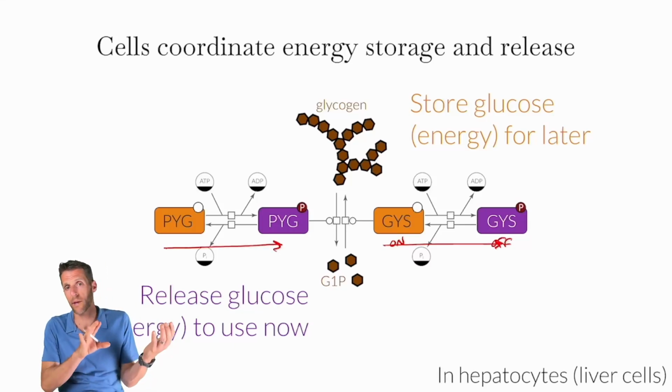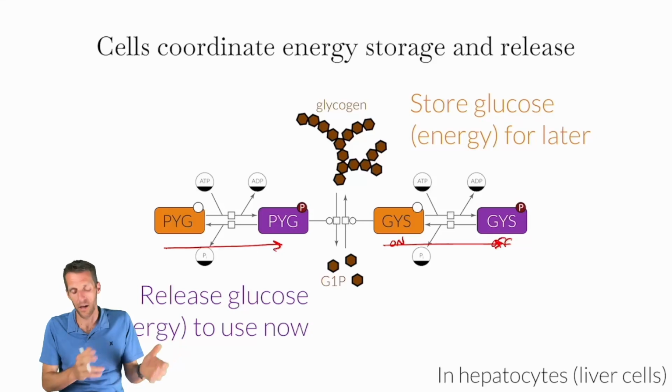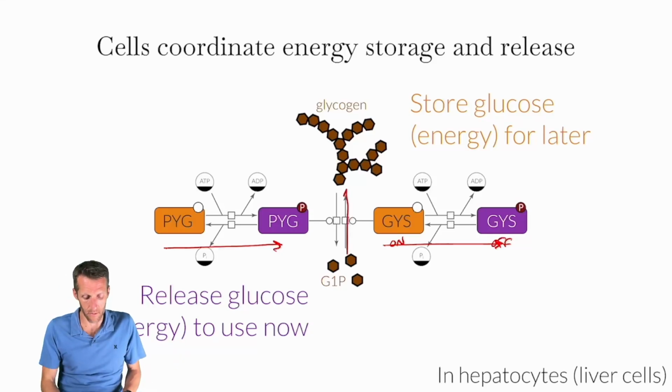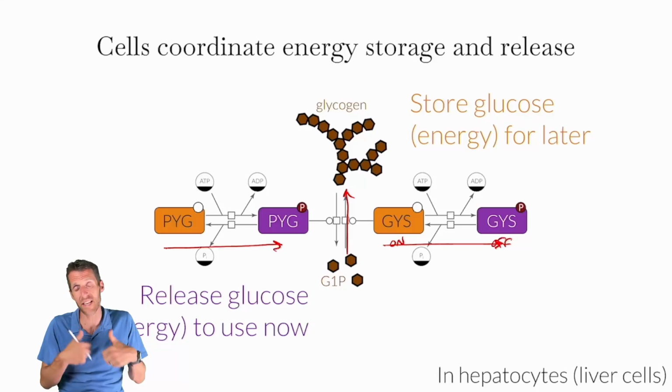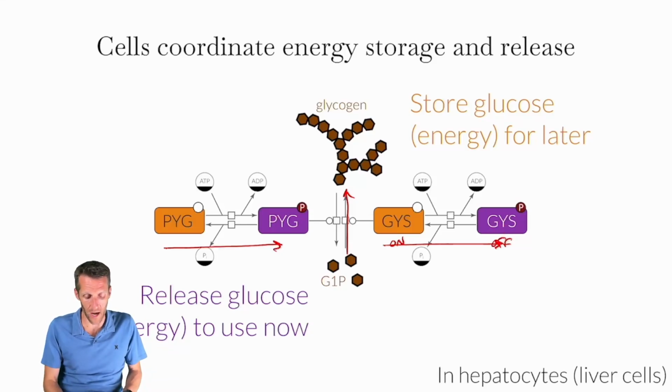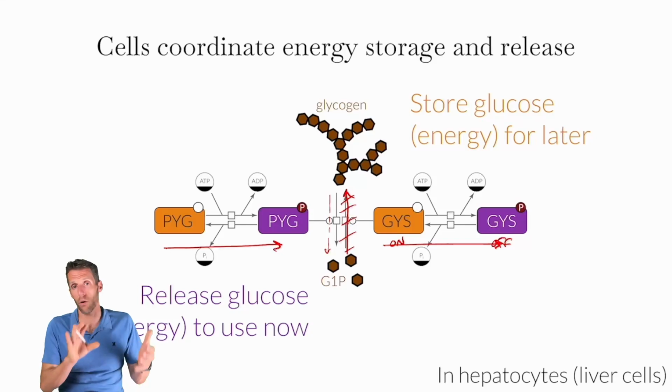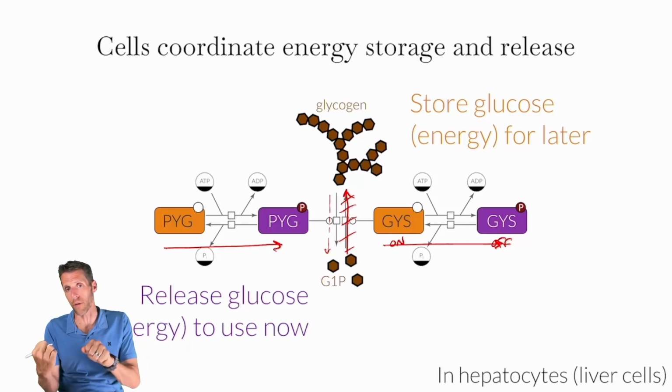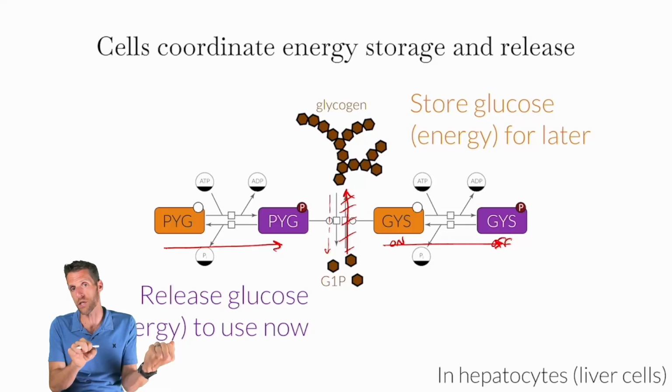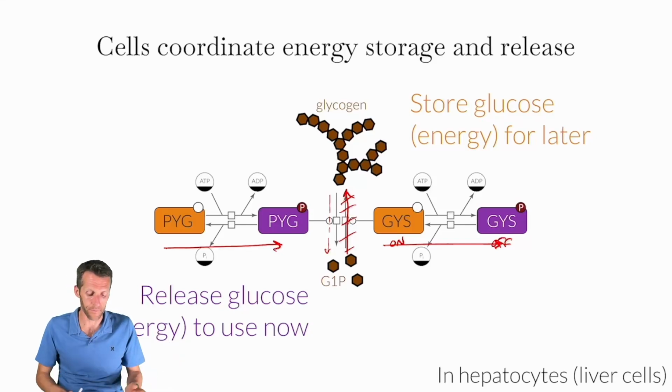If I'm in the orange state, I am synthesizing glycogen from glucose. And if I'm in the purple state, I'm doing the opposite. I am now breaking down glycogen, and I am not synthesizing it. So think about these as a correlated switch. The orange thing flips over to the purple thing, the purple thing flips over to the orange thing. That's a change in the state of the system.